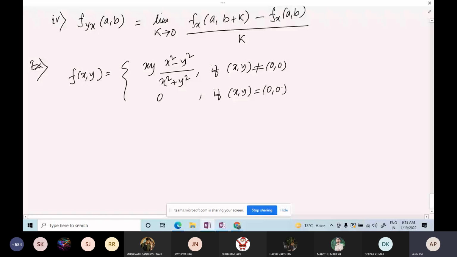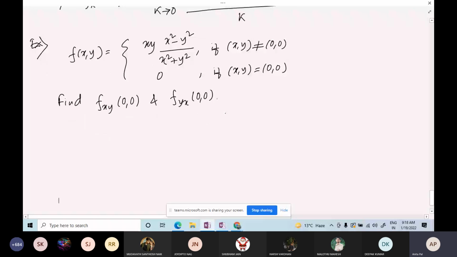So what we have to find out? We have to find fxy(0, 0) and fyx(0, 0). This we need to find out. So we know the definition. We know the formula.